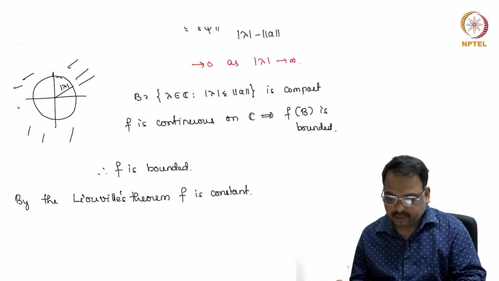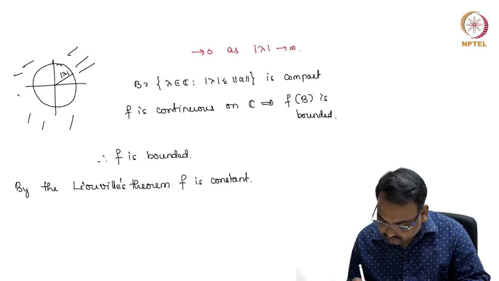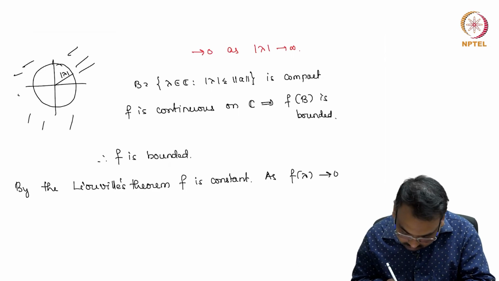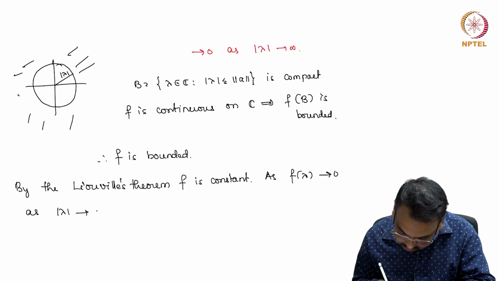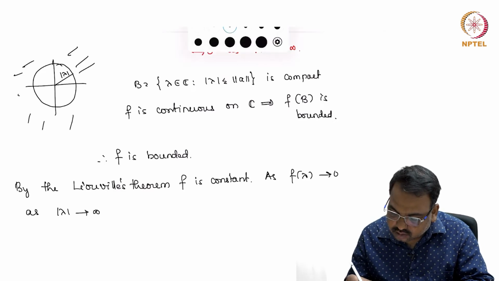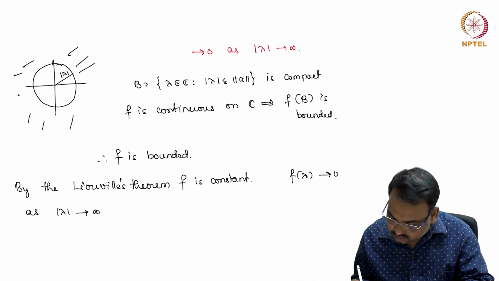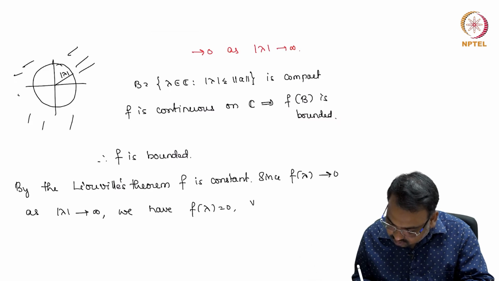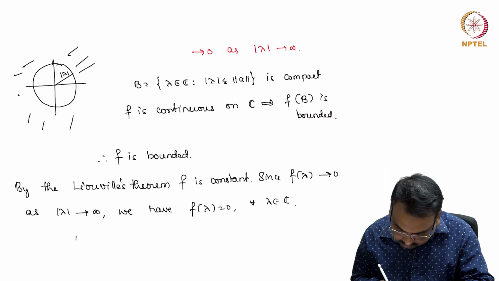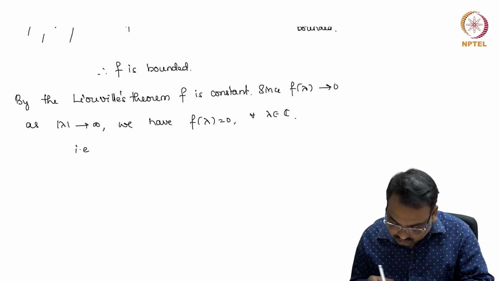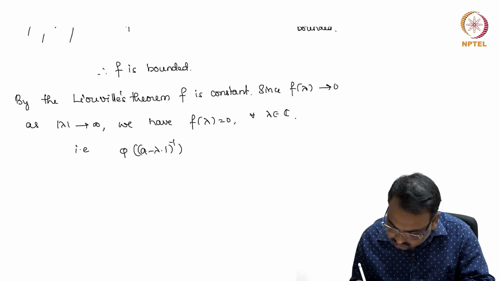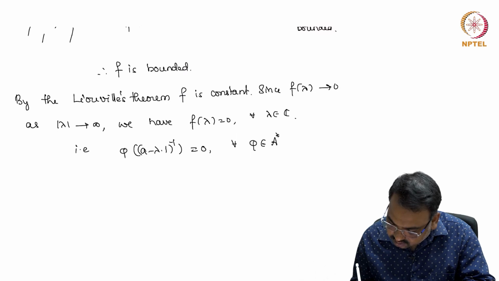But we know that f lambda goes to 0 as mod lambda goes to infinity. So we can conclude that f of lambda is 0 for every lambda in C. So that means phi of (A minus lambda 1) whole inverse is 0 for every phi in A star.